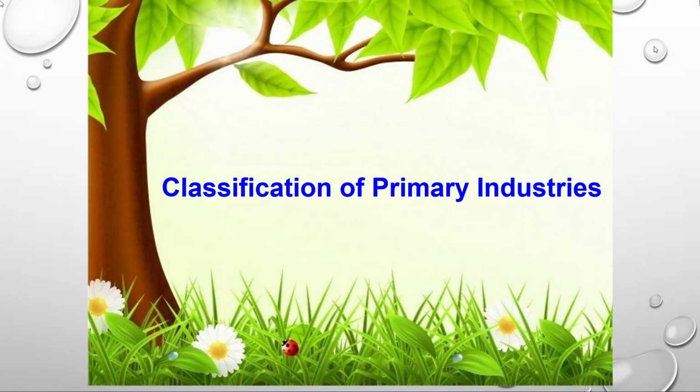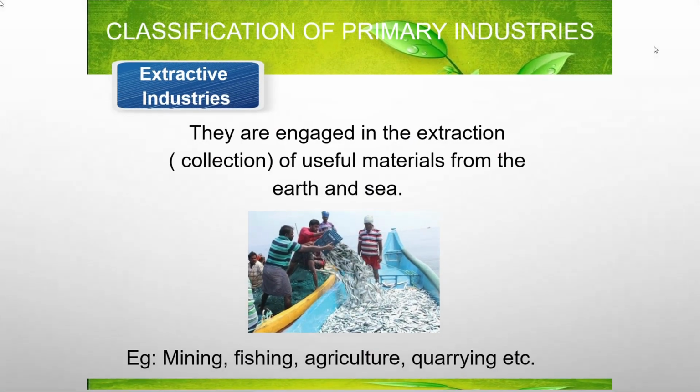Now let us go into further detail and look at the classification of primary industries so that you have a little more clarity. Talking about the first, which is called extractive industry. This industry is engaged in the extraction or collection of useful materials from earth and sea.